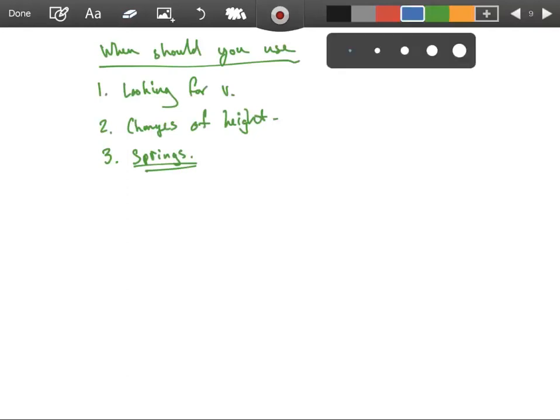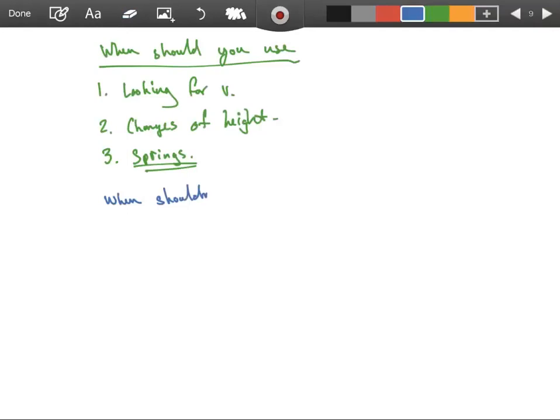So when shouldn't I use it? We shouldn't use conservation of energy when, one, you're looking for an acceleration. The reason for that is that the work-kinetic energy theorem as well as conservation of energy do not directly involve the acceleration, especially conservation of energy.